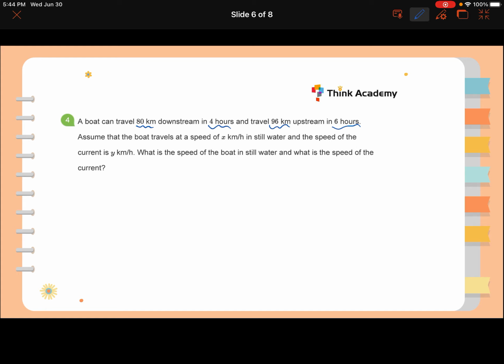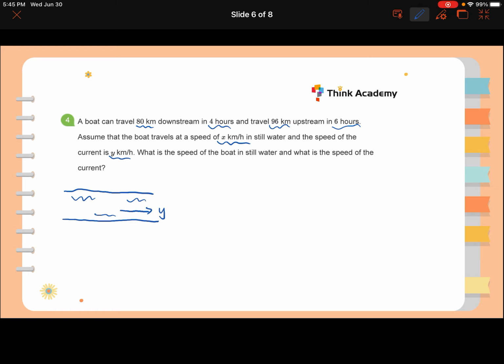So now we already assume that the speed of the boat in still water is x kilometers per hour, and the speed of the current is y kilometers per hour. Let's imagine ourselves sitting on a boat in the river. So here's the river, and the current has a direction. Let's say the current is from left to right.